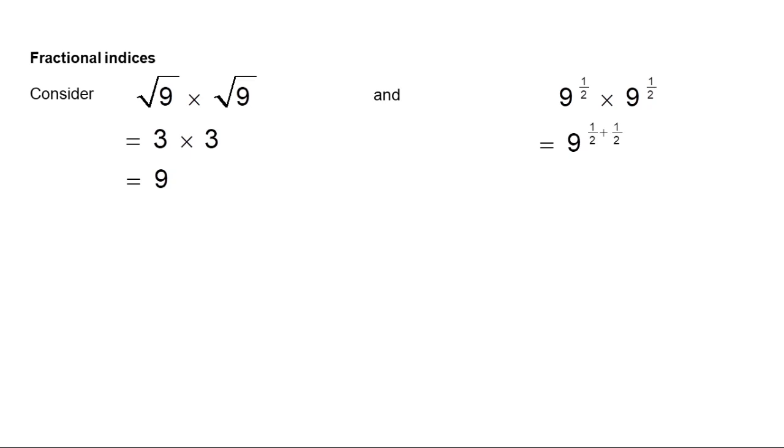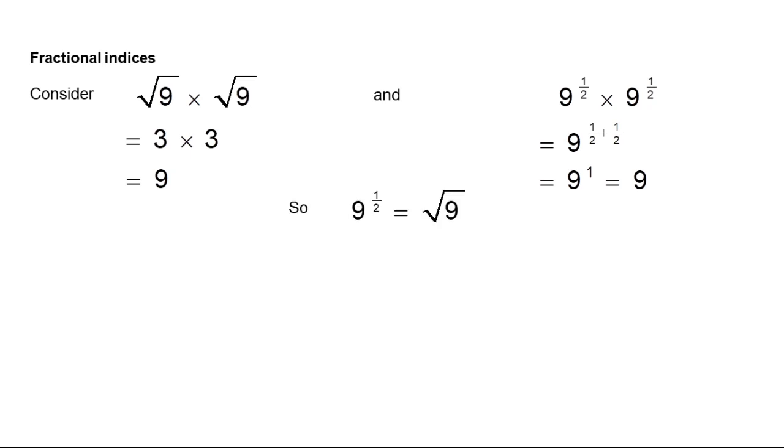It will become 9 to the power of 1/2 plus 1/2, and 1/2 plus 1/2 is 1. 9 to the power of 1 is equivalent to 9. If you compare the two, it will be the same thing.